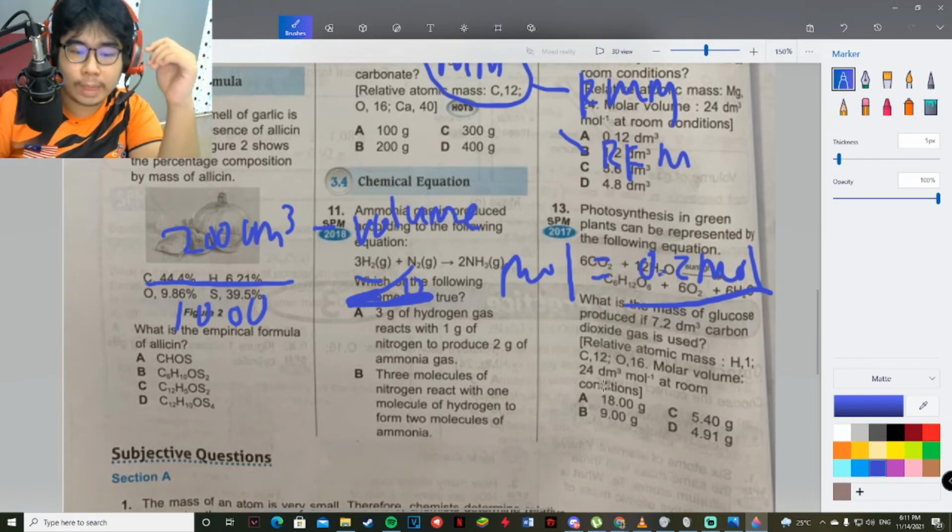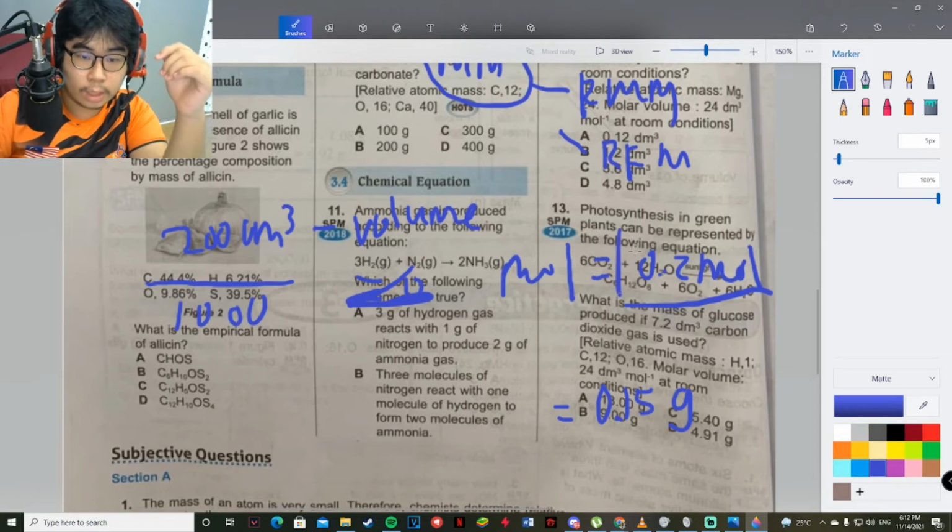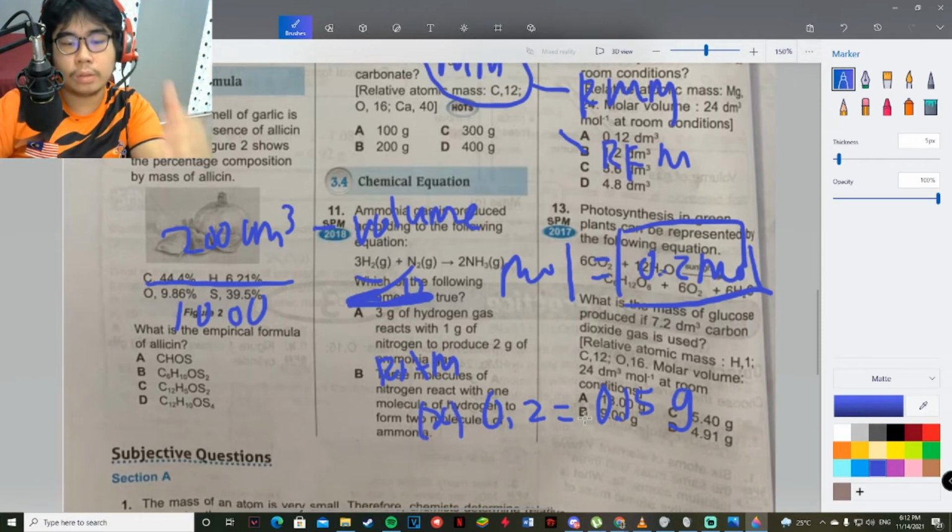So the mass is given 0.15 gram, right? Equals to the number of mole, which we found now, 0.2 mole, times RAM. The RAM of the gas, we just put X, alright? So X times 0.2 equals 0.15.